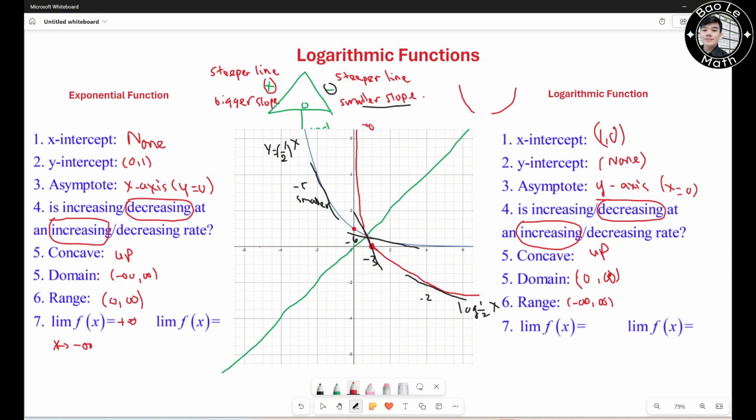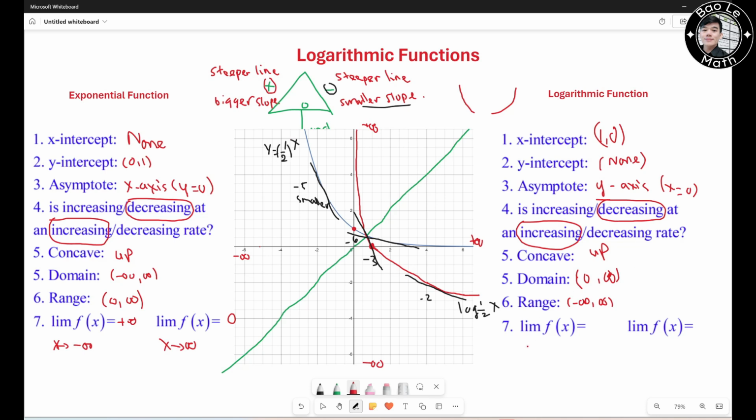This guy positive, this guy negative infinity, this guy negative infinity, and this guy positive infinity. Now, the limit of the function as x approaches positive infinity, the function approaches 0. So it's 0 right here.